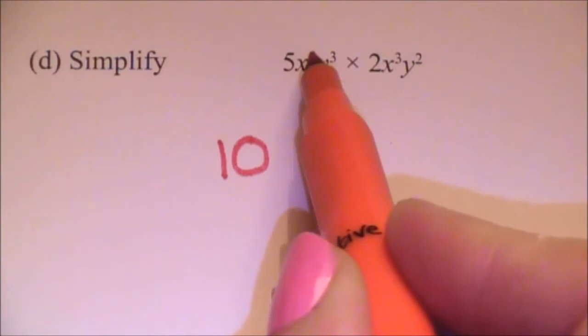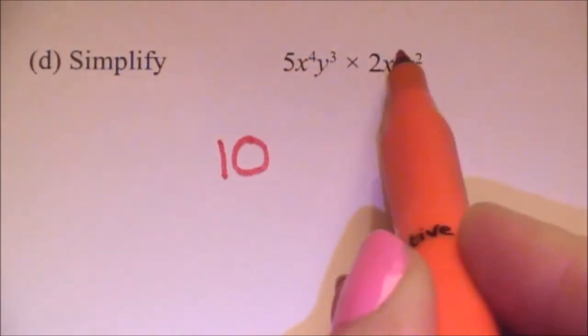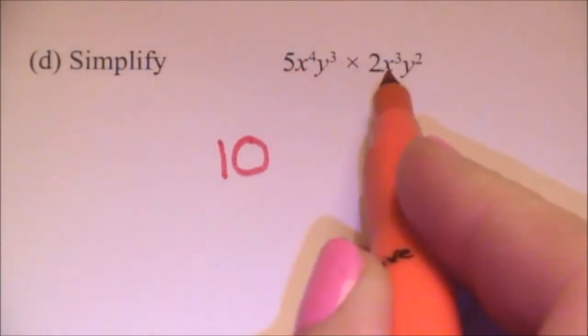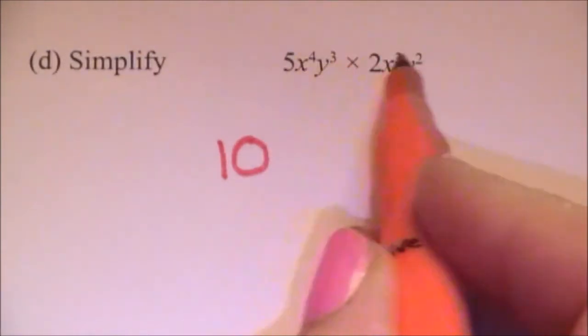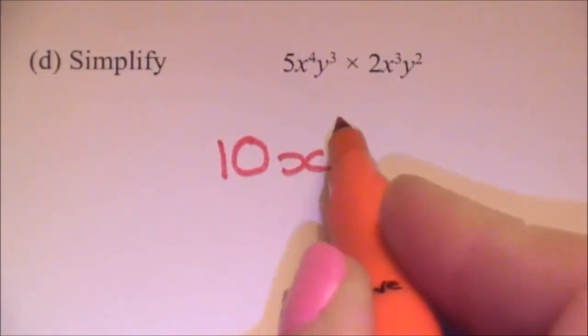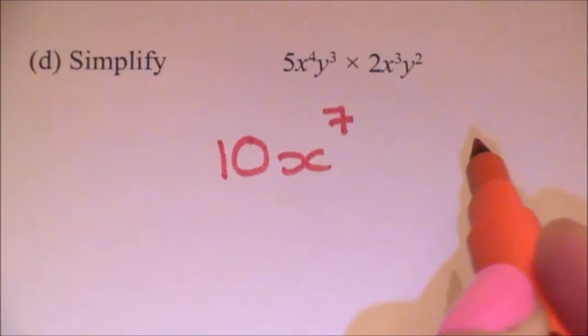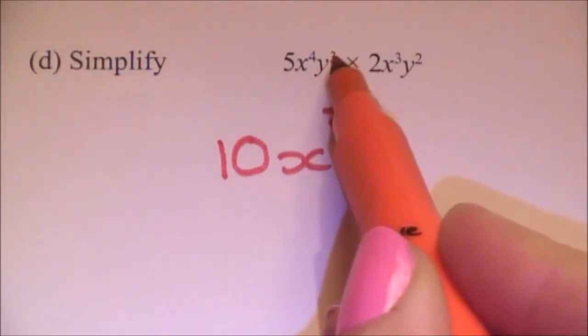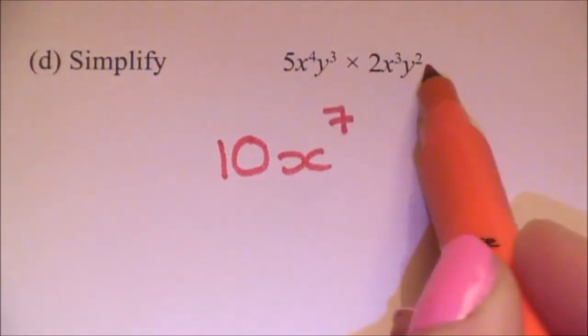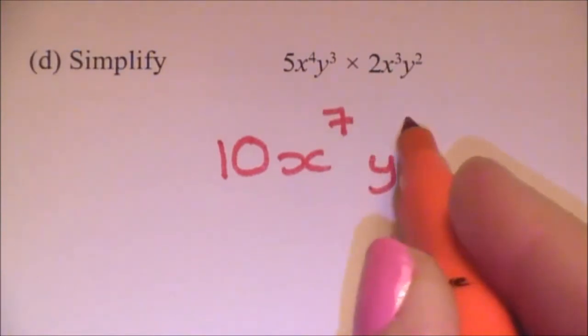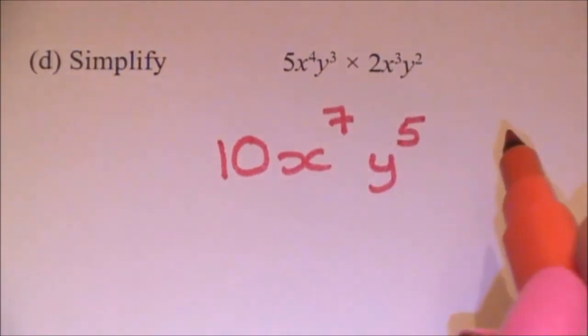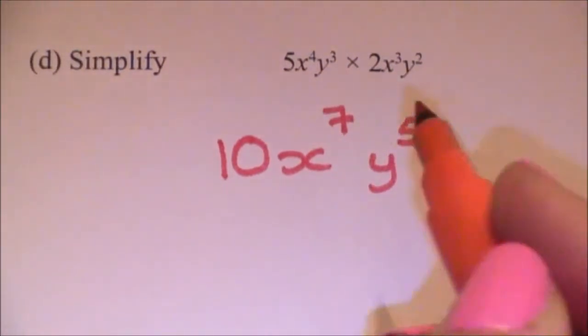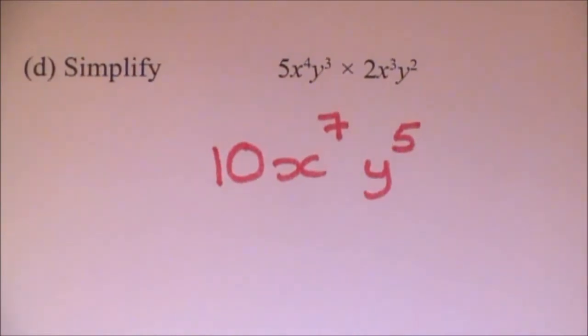Then I've got an x to the power of 4 times by x to the power of 3. When you multiply, you end up adding the indices. So that's going to give me x to the power of 7. And I've got y to the 3 times by y to the 2. So that's y to the 5. So the answer there is 10x to the power of 7, y to the power of 5.